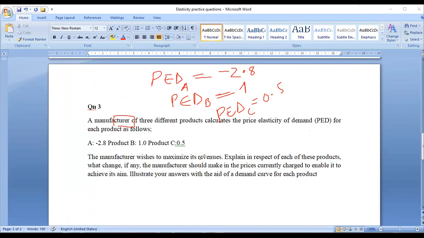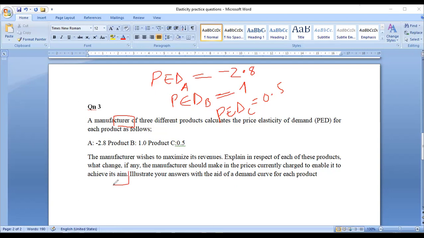Explain in respect of each of these products what change, if any, the manufacturer should make in the prices currently charged to enable it achieve its aim. That is part 1 of the question.